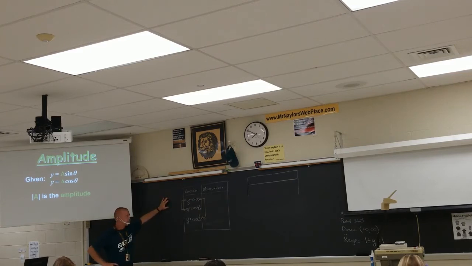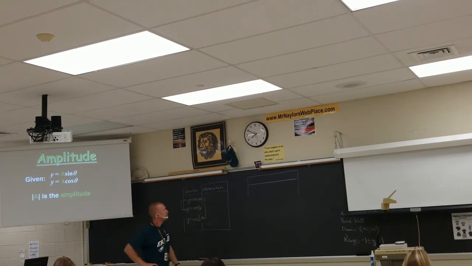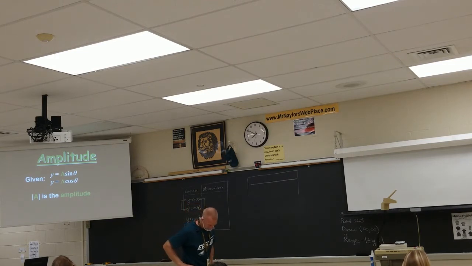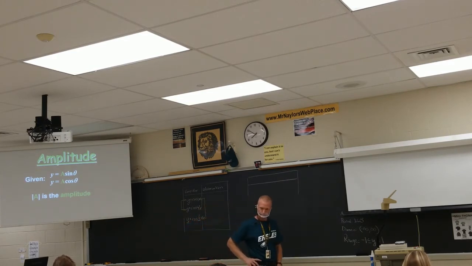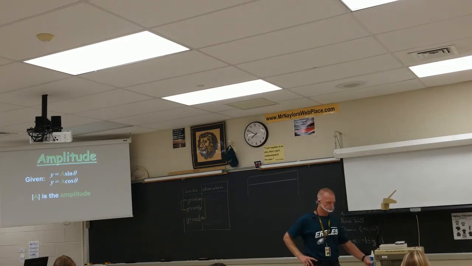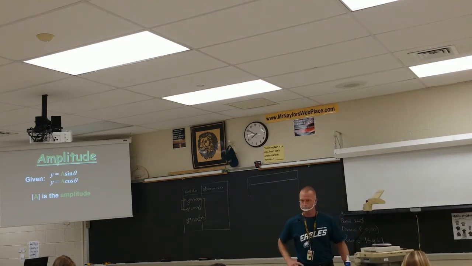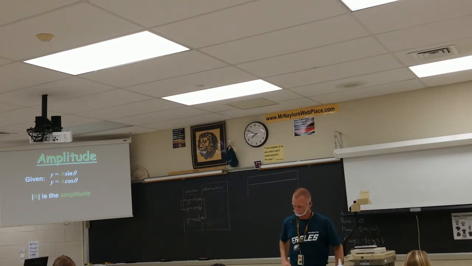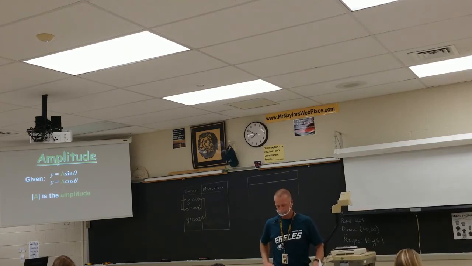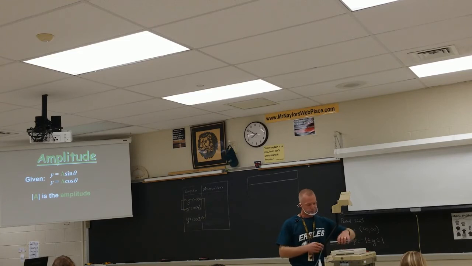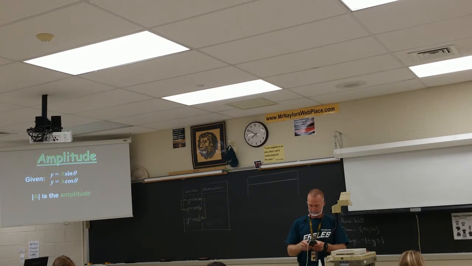Cosine of 4x. What has changed? Cosine of a half x. What has changed? Again, you do what you want, but you don't need to graph all of them at the same time.